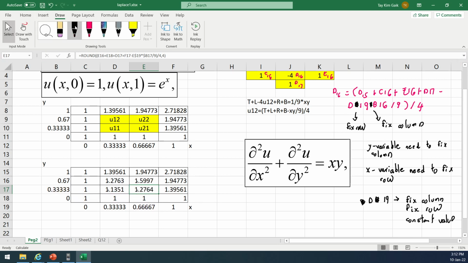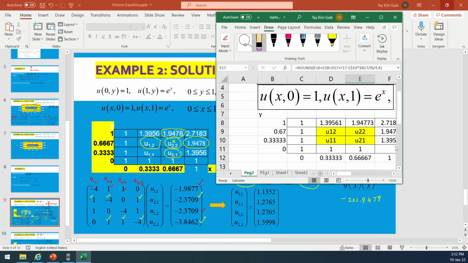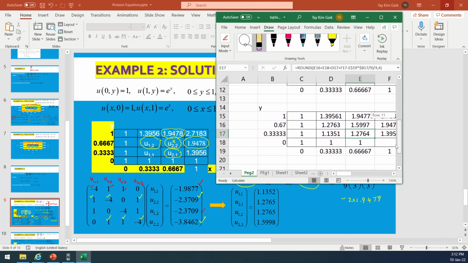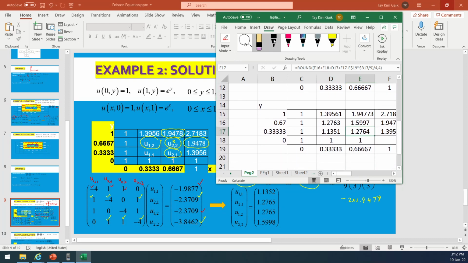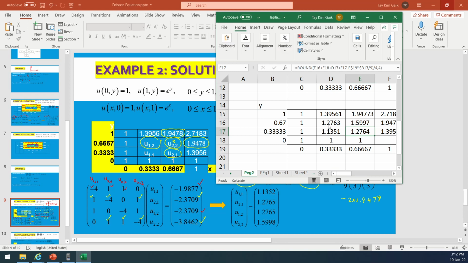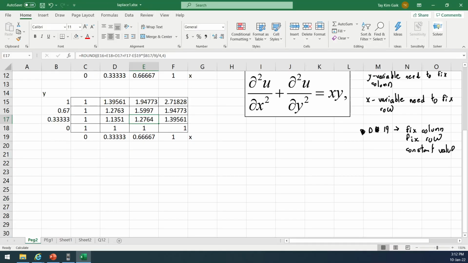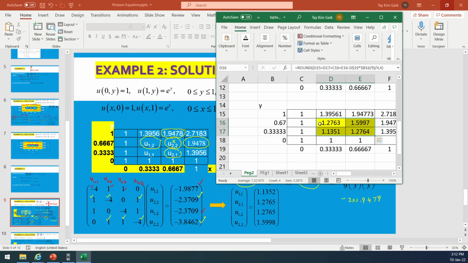Okay, and then we may check with the manual. These are the 4 values.